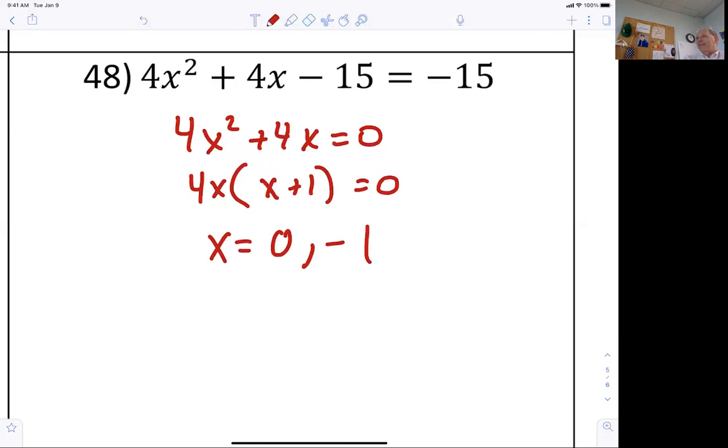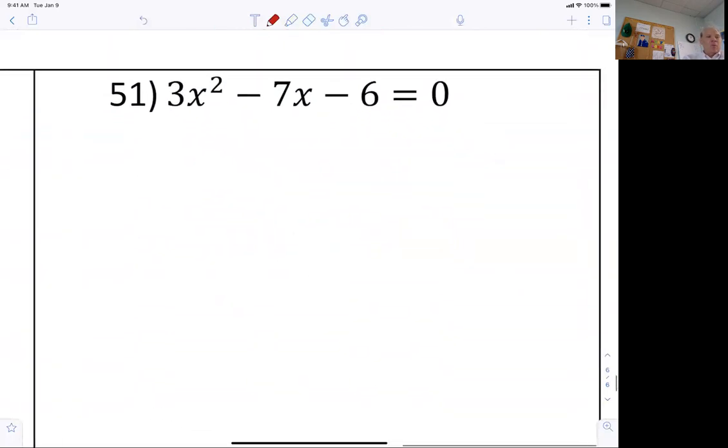For those of you who are struggling, that means 4x equals 0. What is x? And then x plus 1 equals 0. Slow down. Not trying to make you look bad or anything, but you're welcome.